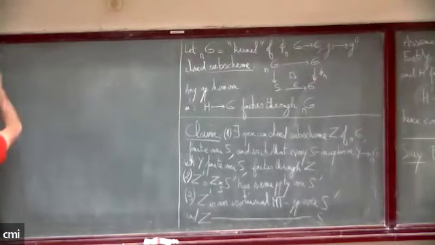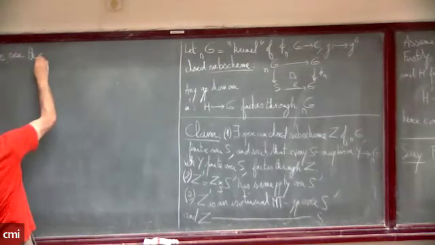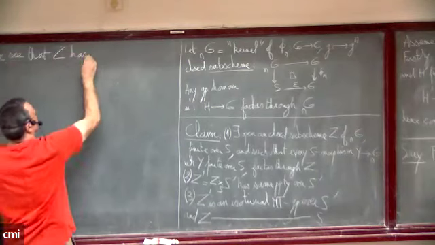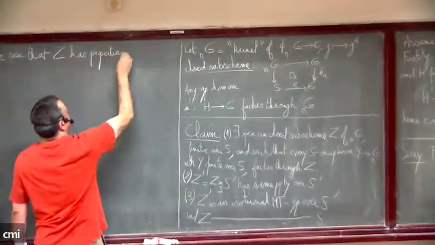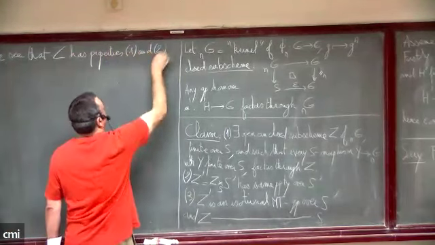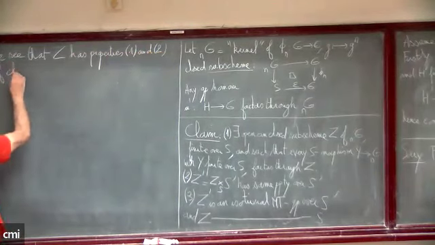And so we see from this that Z has the properties 1 and 2 of the claim.